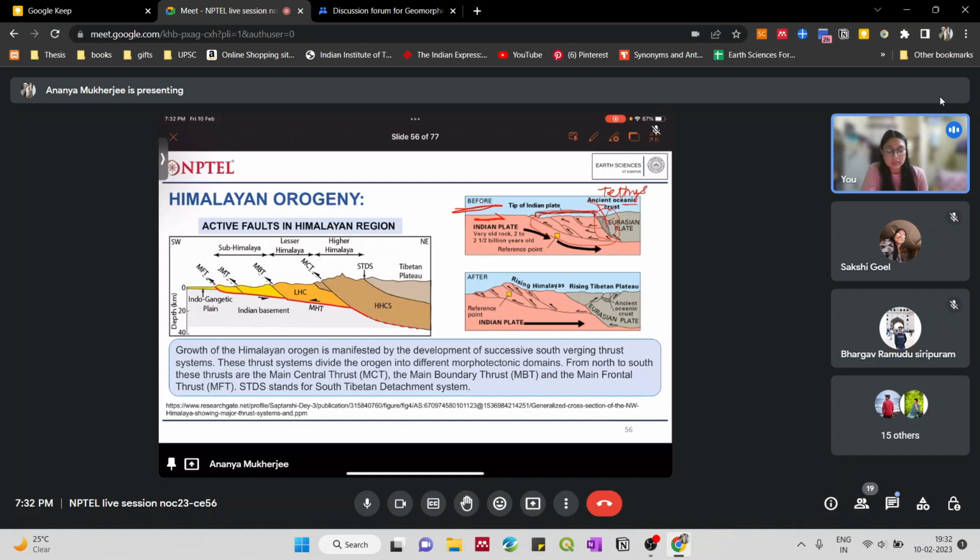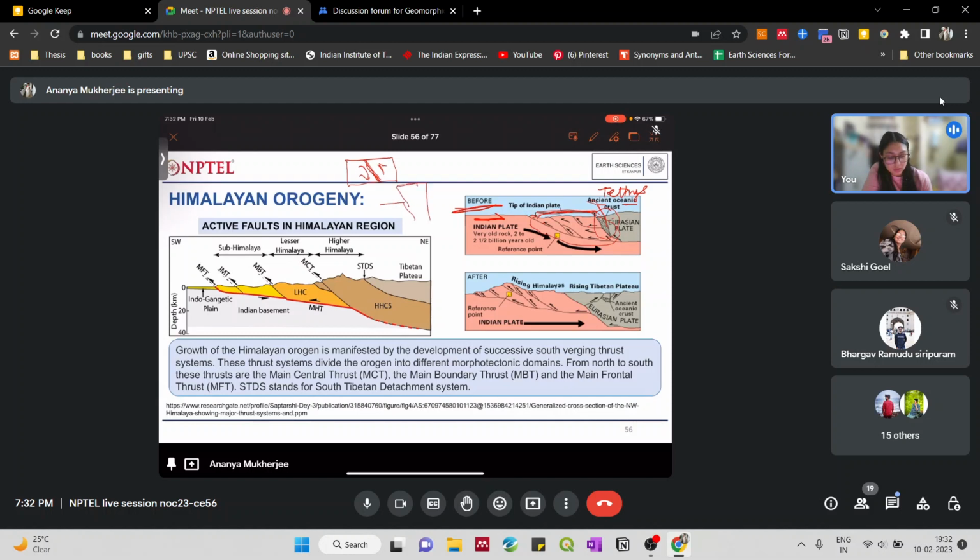In simpler terms, suppose this is a block of rock, and you find a kind of zone of weakness that is present over here. Now if this block, after some time there is deformation and displacement, this rock moves on top and this block moves downwards, what you will get is like this.